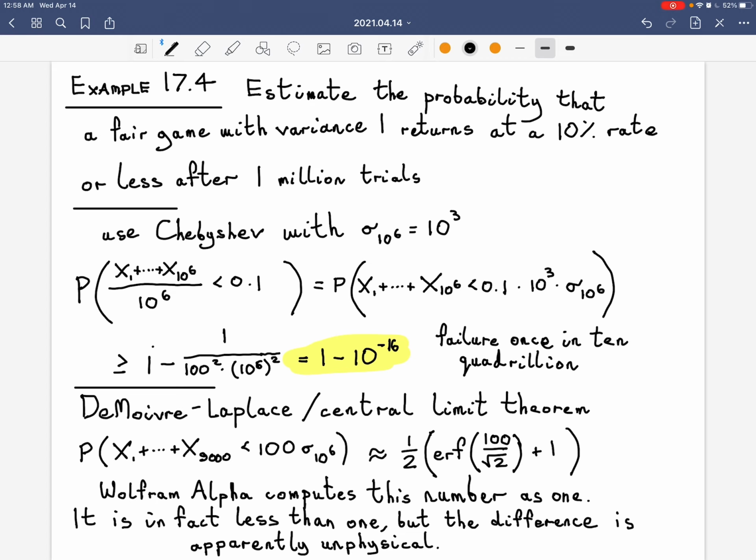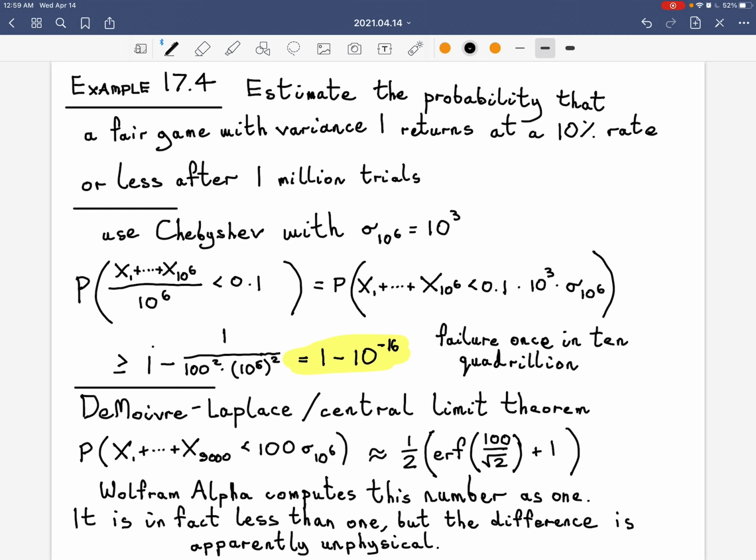But Chebychev's inequality is just a statement about numbers, or a statement about a certain integral. If you're actually trying to understand the probability of making a 10% rate on a fair game after a million trials, well, once in 10 quadrillion is a better answer than 0.